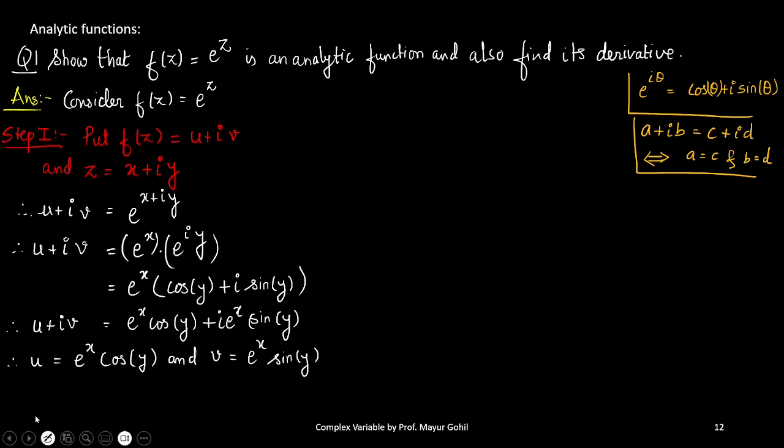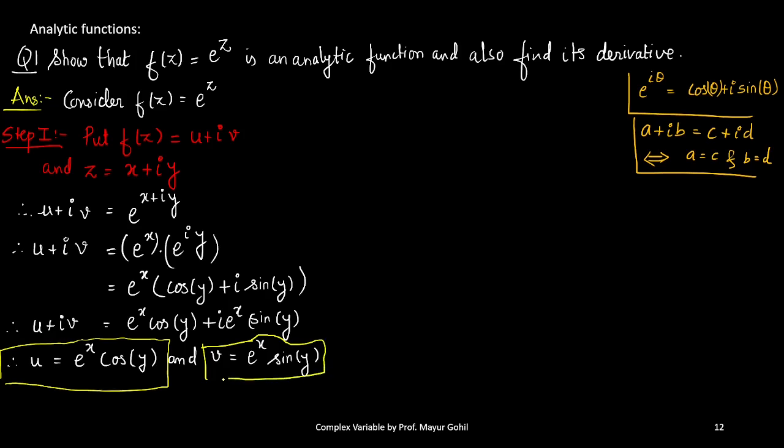Now we put these two important deductions in a box so that we can use them when we want. Okay, so these are the two important ones. Now we have found the real part and the imaginary part. Now we go for the checking. Over here is step 2.